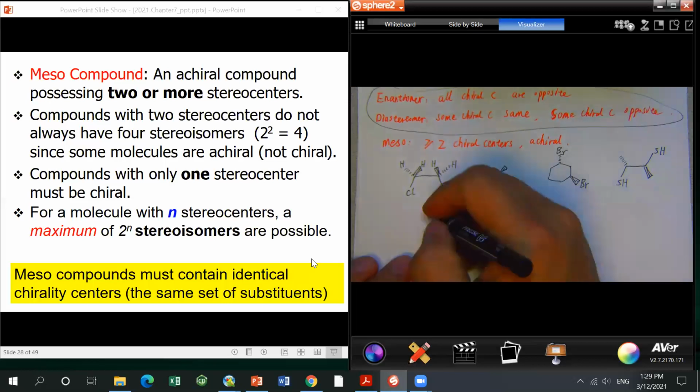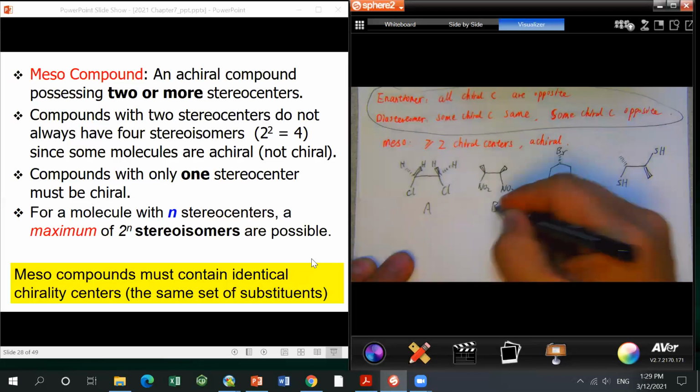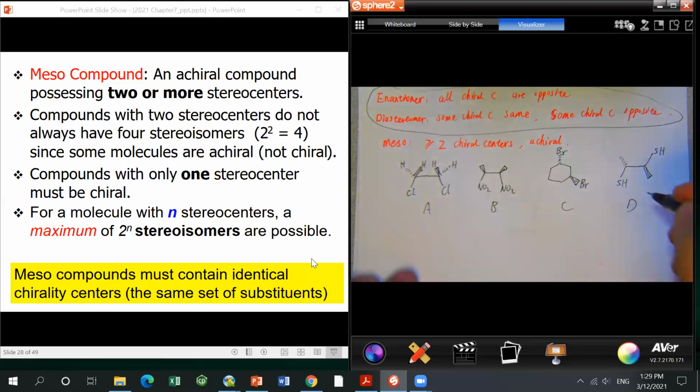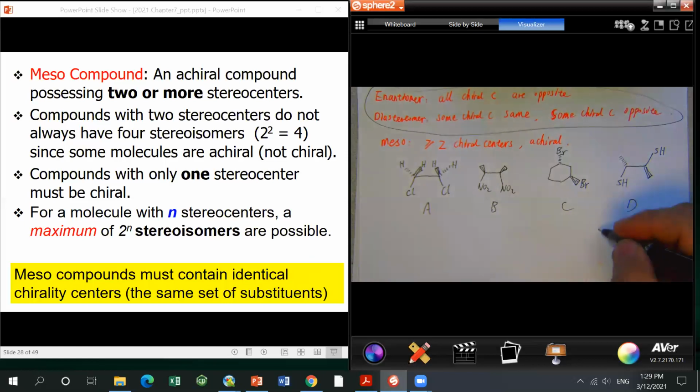Okay, so we do the same thing. A, B, C, D, four molecules. Ask which is meso. If you like, you can type your answer in the chat window.